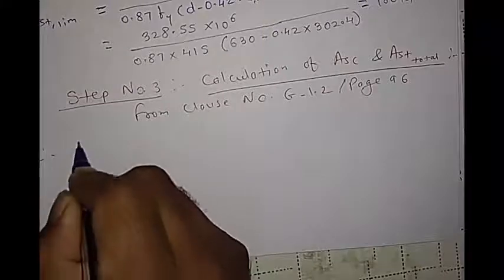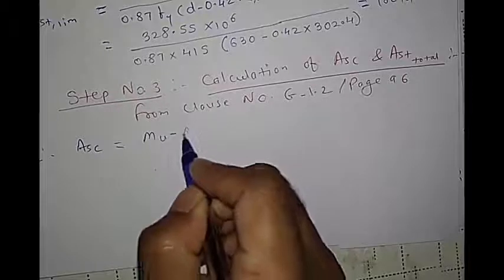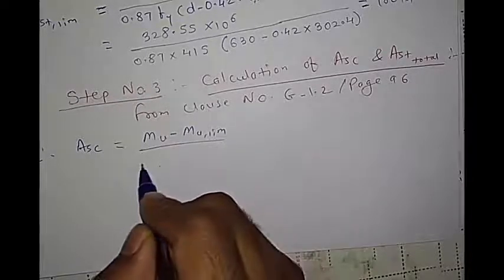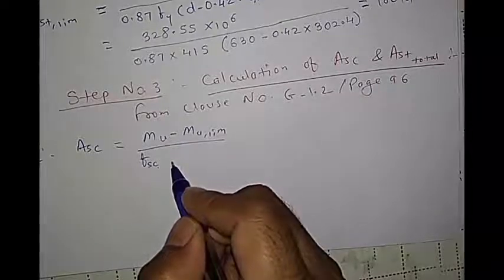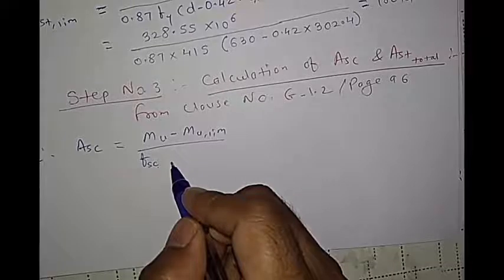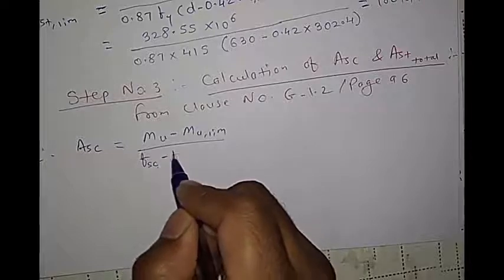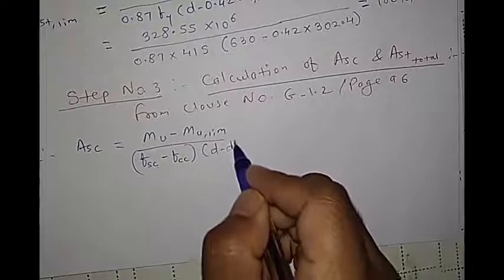So therefore from there ASC is equal to Mu minus Mu limiting divided by FSC minus FCC into D minus D dash.